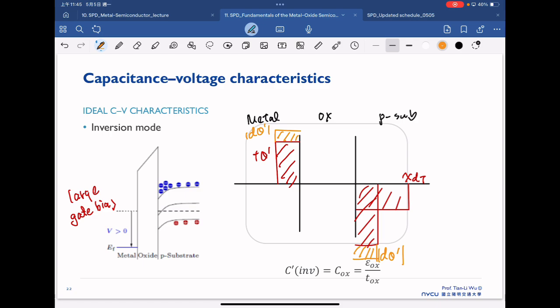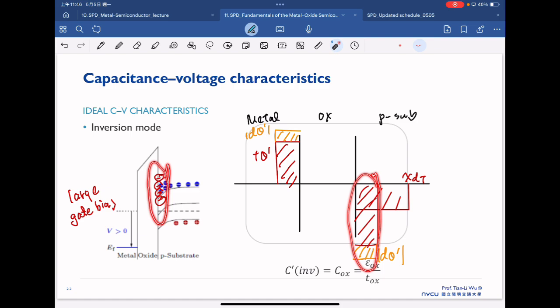So this is very consistent with what we understood, that in the case with enough gate bias, our Fermi level is close to the conduction band. That means this is the moment we start to generate the surface electrons. We start to invert the electrons in the channel. So this happening in the channel, in the surface, is consistent with this band diagram as well.